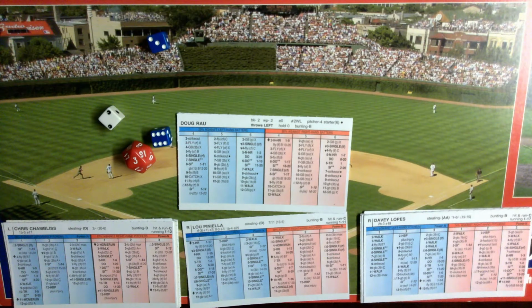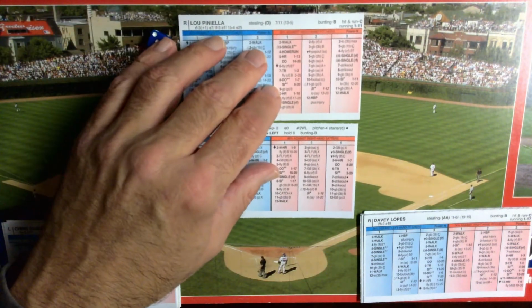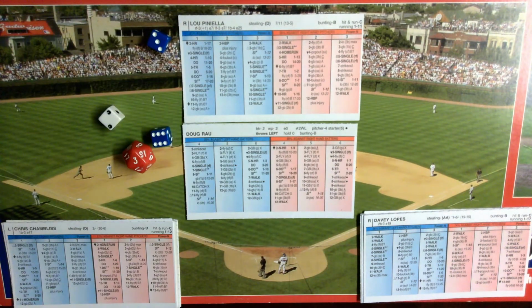That's going to be a DO2, and then 11 and an 11 is no effect. So that's a DO2. So double, runners advance 2 bases. So just like that, Piniella's on second with a stand-up double.